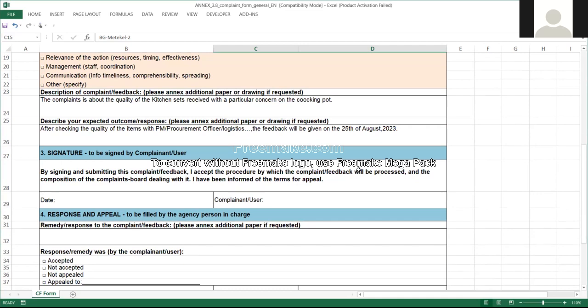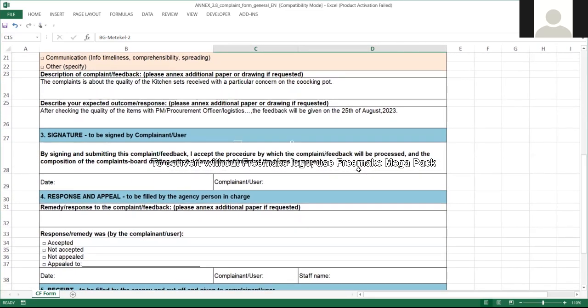Then you have to go to the consent part. The person who is complaining has to sign that he or she agrees with this statement: by signing and submitting this complaint or feedback, I accept the procedure by which the complaint or feedback will be processed. And the composition of the complaint is bound.